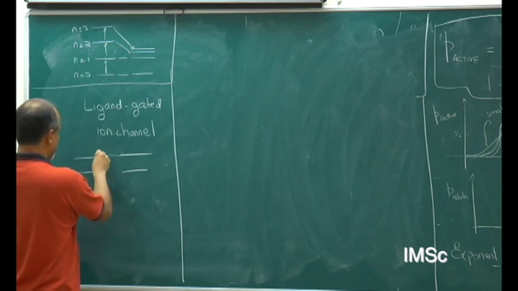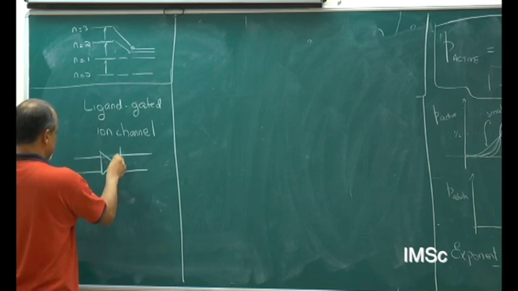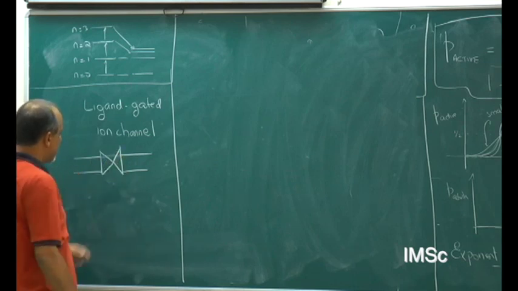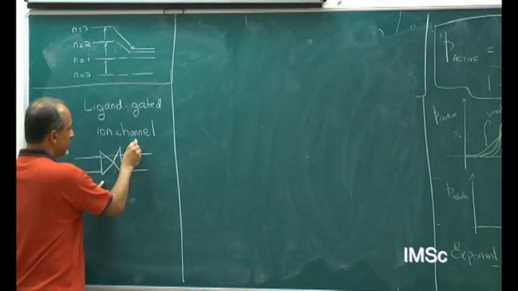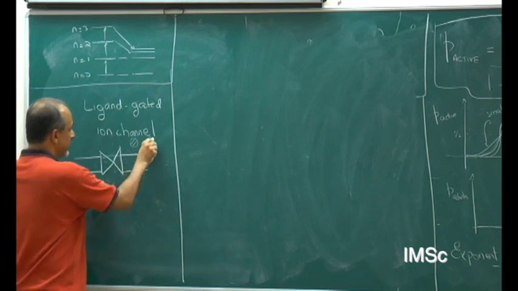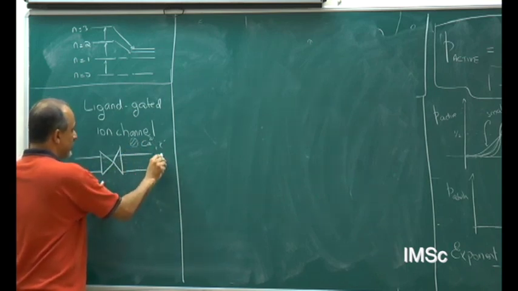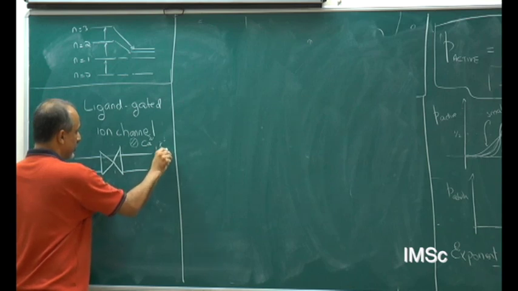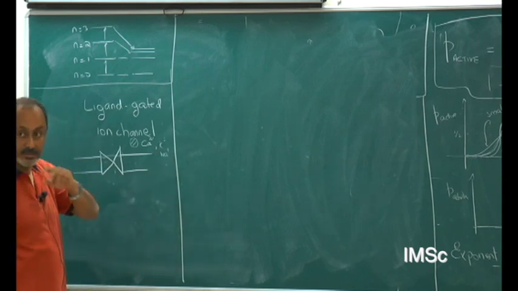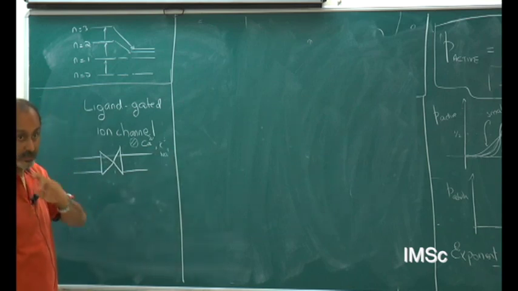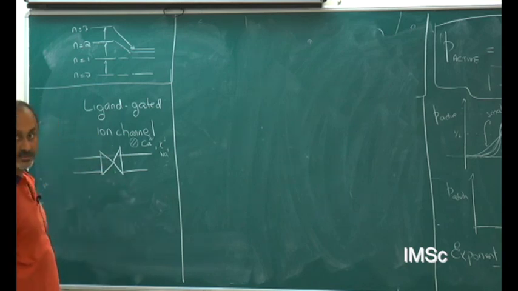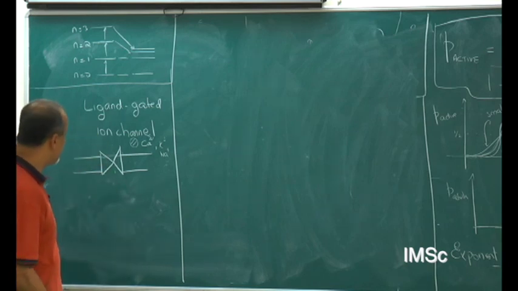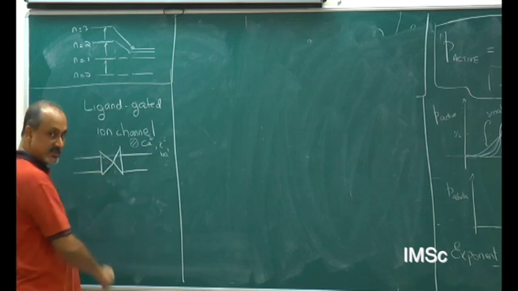Let me just draw it like this, which allows for the passage of some other molecule, for example, either calcium ions or potassium or sodium across from one side to the other. Okay? So these are channels that allow ions to move from one side to the other, but they are gated by the presence of ligands.